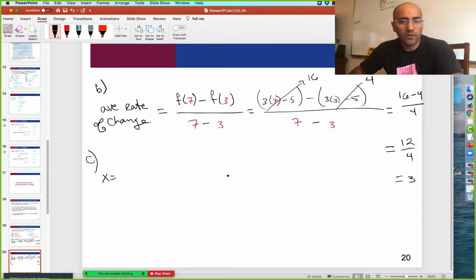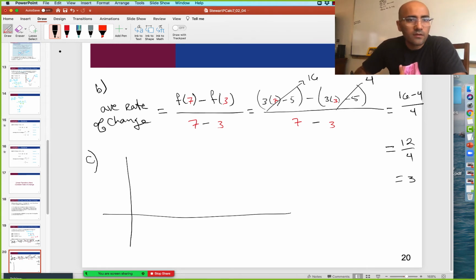Let's get rid of this. If we just have some sort of graph here, we very often describe the x value.